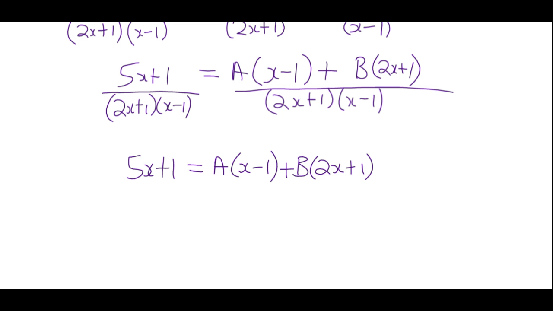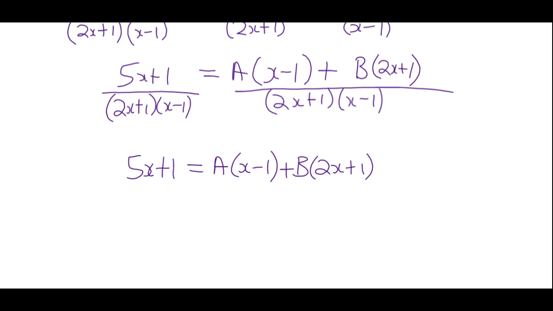If I set x equal to 1, then this A is going to disappear, and this is just going to be a number, and B, and this will just be a number. If x is 1, this is 6, this is 3B, and that's 0, so B will equal 2.